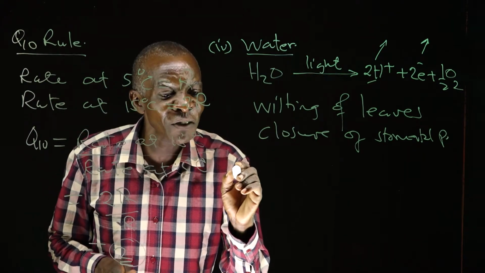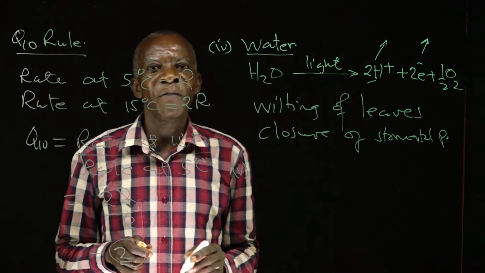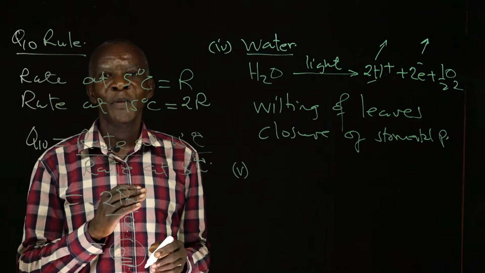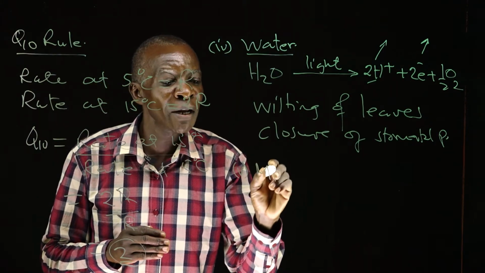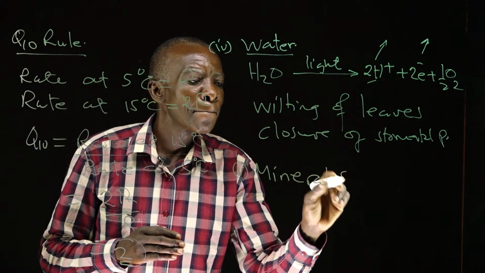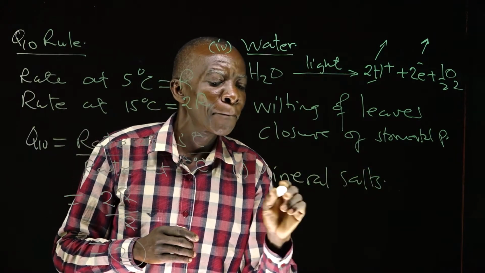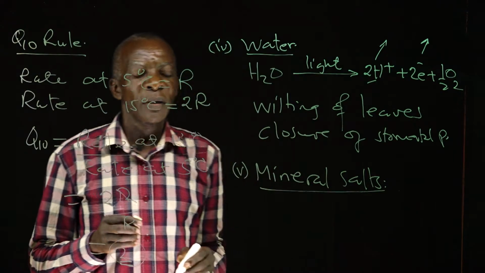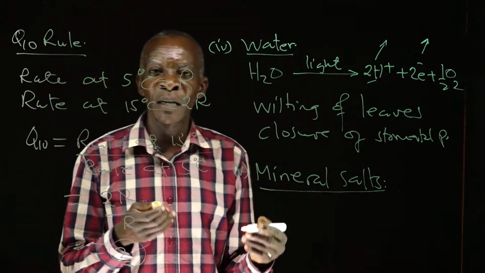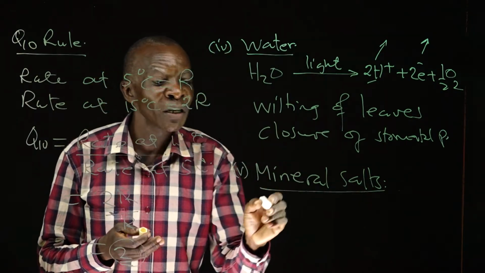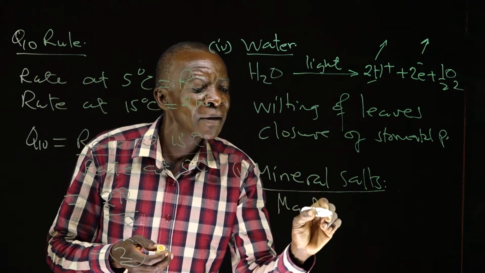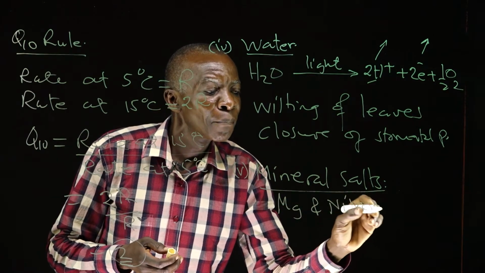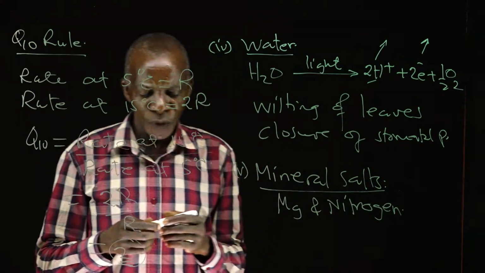The fifth environmental factor which affects the rate of photosynthesis, we have mineral salts. Mineral salts that we are talking about here include magnesium and nitrogen.